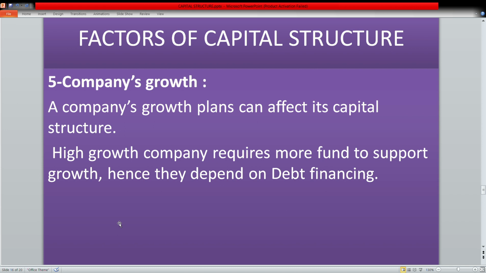Those companies which are very high growth, they need the capital time and again. And it is not possible to raise the capital through equity share time and again. Therefore, they generally depend to some extent on the debt financing. So company's growth is the most important part of the capital structure decision.